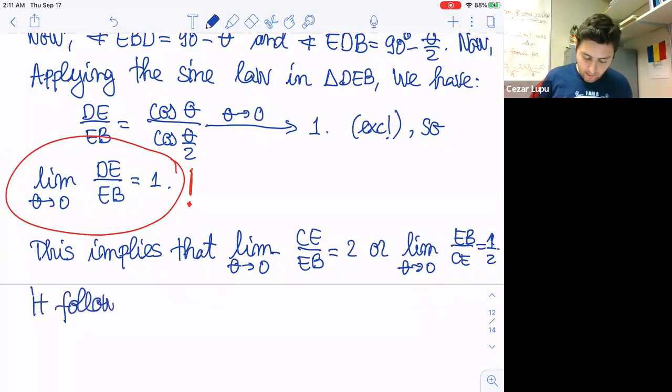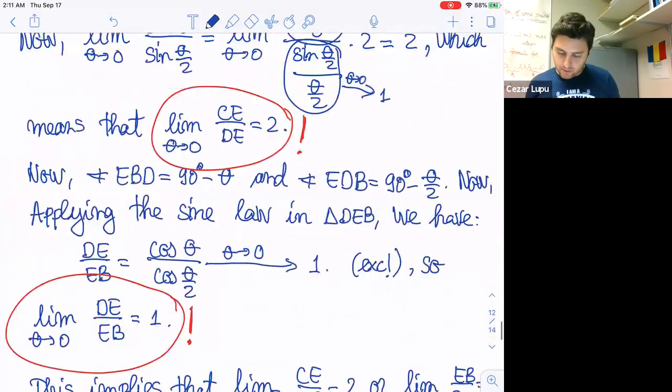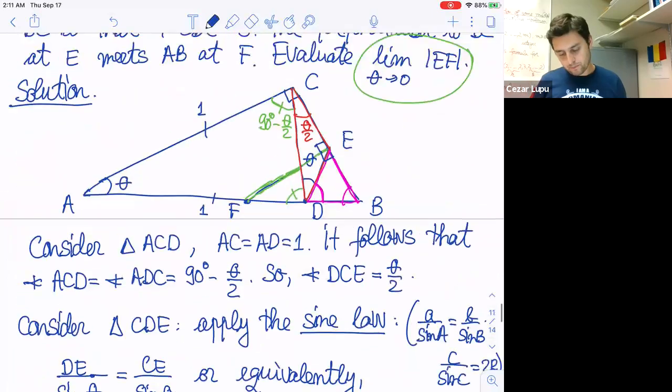It follows that the limit as theta goes to 0 of what? Let's look at the picture of EB over BC now.